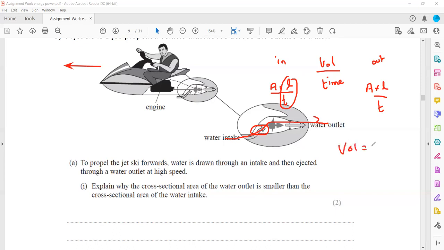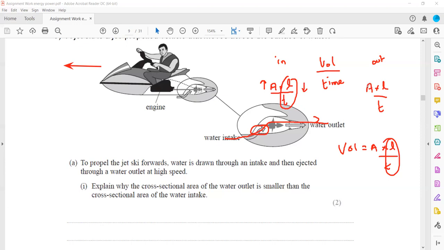For the intake, the area through which the water is coming in is larger, so the water will flow at a slower rate.